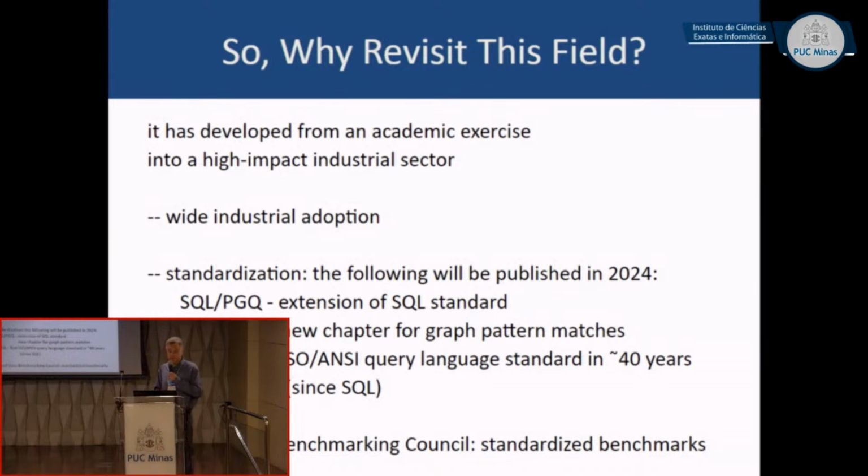Then there exists an organization known as the Linked Data Benchmarking Council, LDBC, made up of both industrial and academic researchers. I happen to be a member of it, which is now standardizing benchmarks for graph engines. This is how widespread these artifacts are.